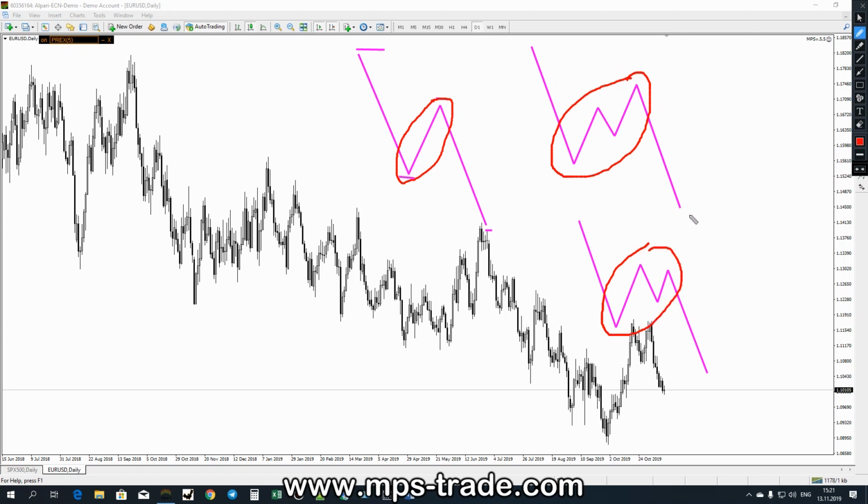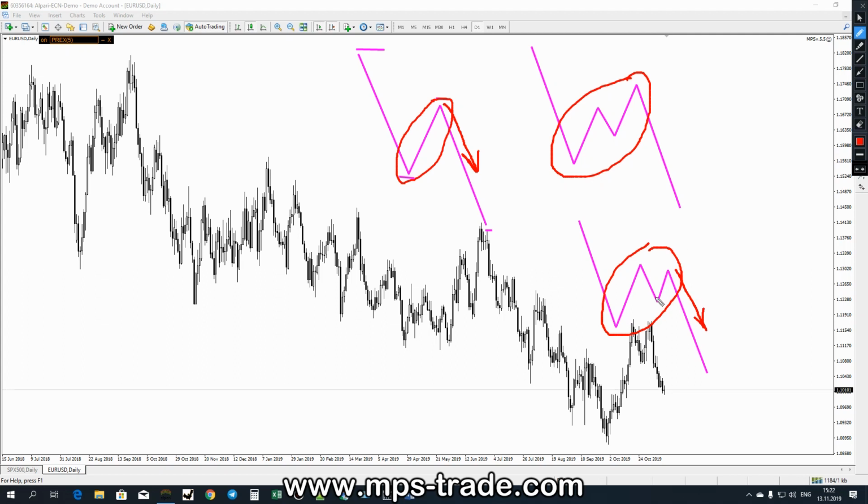It is very hard to predict when this pullback will terminate. And that's why it is very hard to enter into pattern completion. It is also very hard to predict when this pullback will terminate, and that's why it is very hard to enter this as a trend continuation.